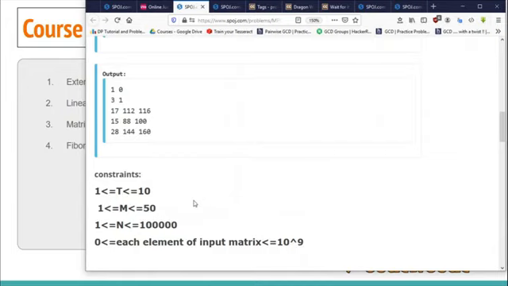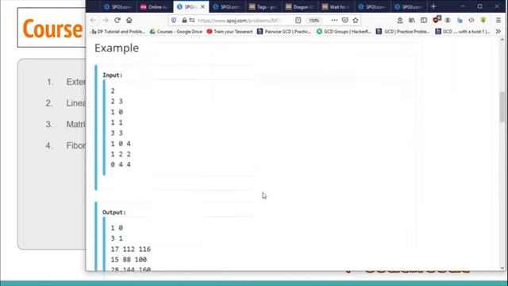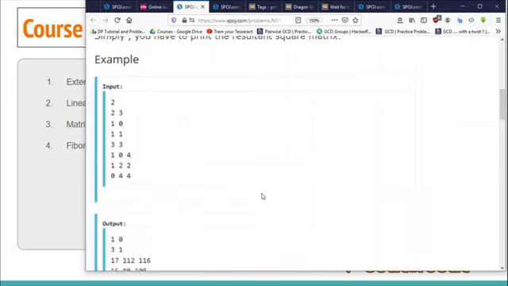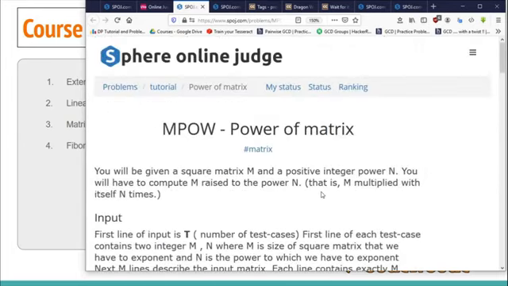So if we have to perform 10 to the power 5 multiplications, if we solve the problem the brute force way, there are 10 to the power 5 multiplications that we have to perform. There are 10 test cases and 50 raised to power 3 operations per multiplication. So this would be out of time, of course, and you would receive a TLE if you use the normal multiplication method.